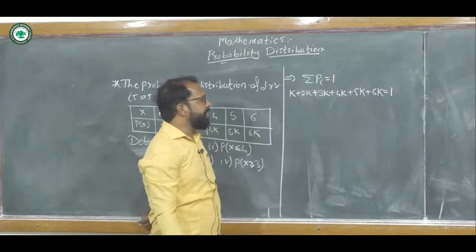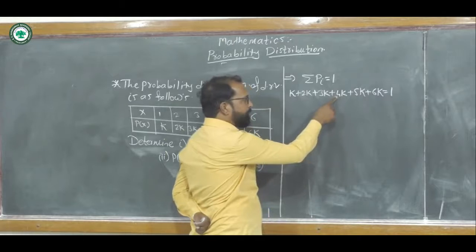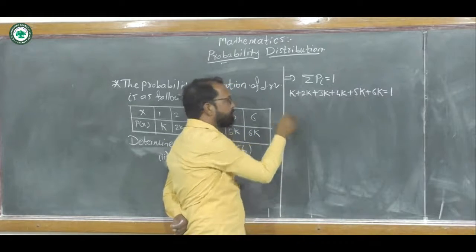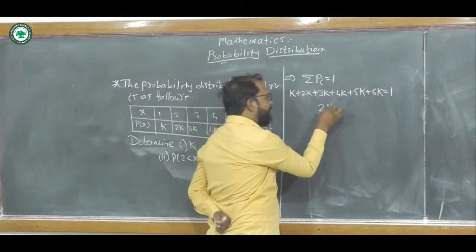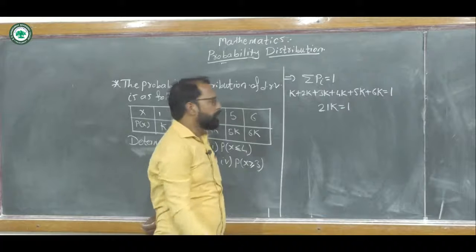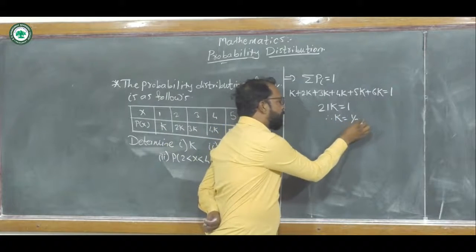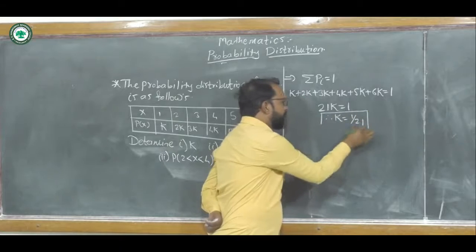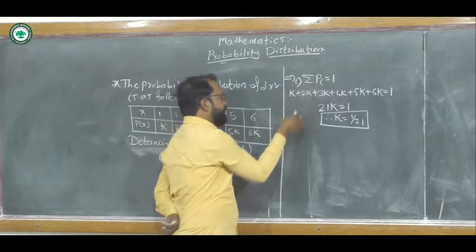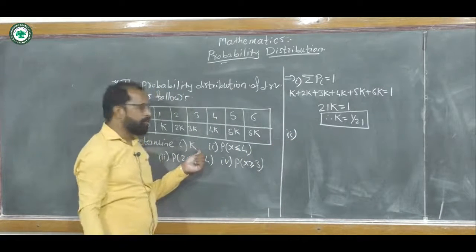Now when we take this addition, 6 plus 5 is 11, plus 4 is 15, plus 3 is 18, plus 2 is 20, plus 1, we get 21k equals 1. And therefore we get k equals 1 upon 21. This is the value of k.